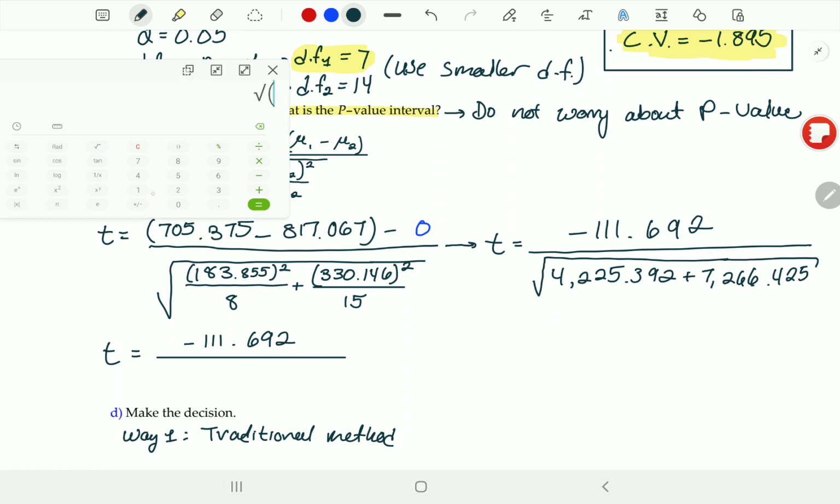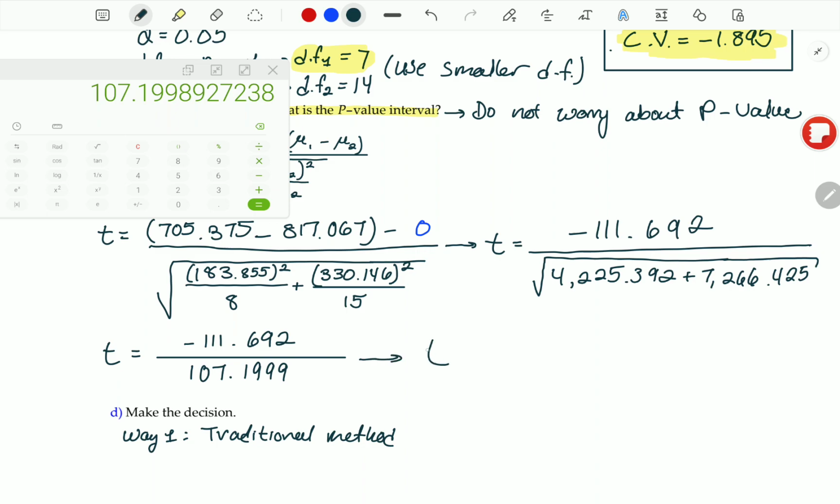So square root of 4,225.392 plus 7,266.425. And that is 107 point, I'm going to take 4 numbers in this case, 1999.